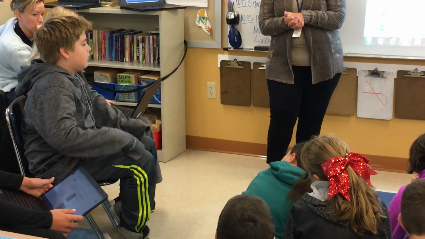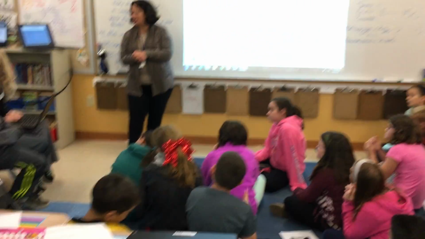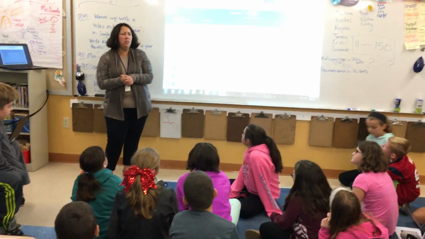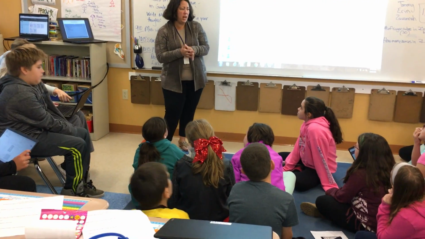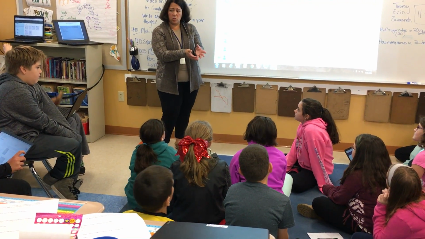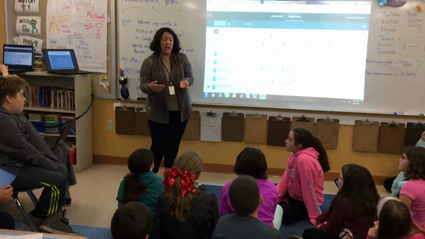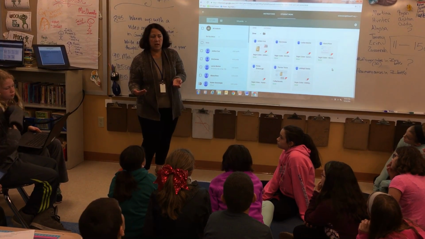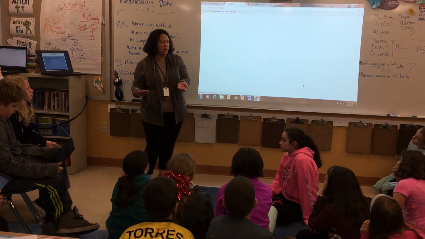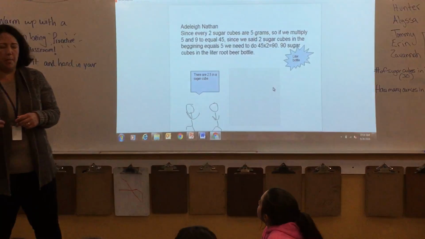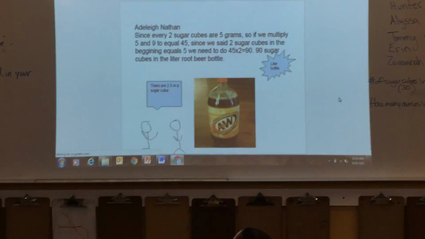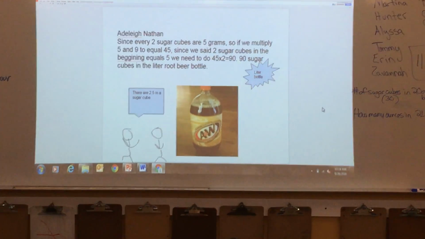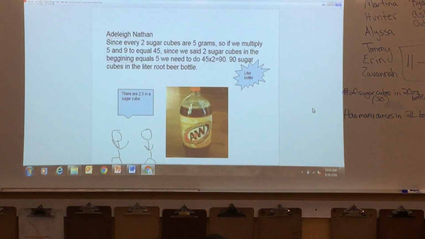Okay, any feedback for this group or questions? Did you hear that reasoning? They looked at how 2.5 twice would be 5. 5 is easier to work with. 5 times 9 got you to that 1 serving of 45, right? Since every 2 cubes are 5 grams of sugar, we multiplied 5 times 9 to get to that 45.